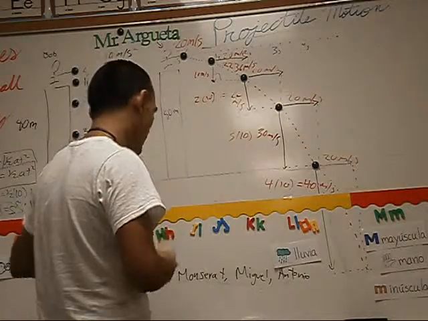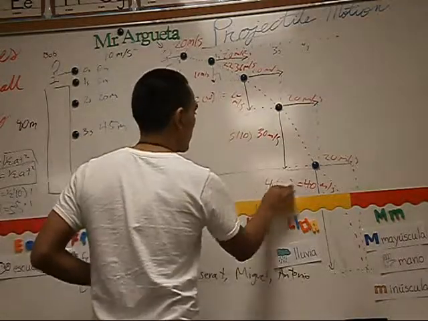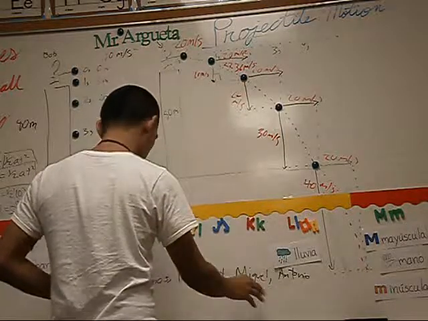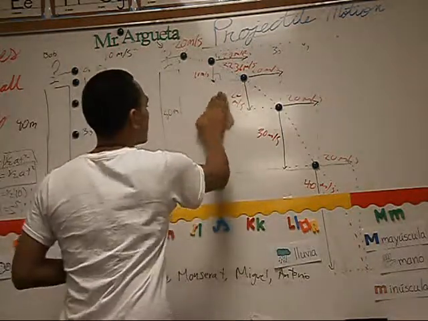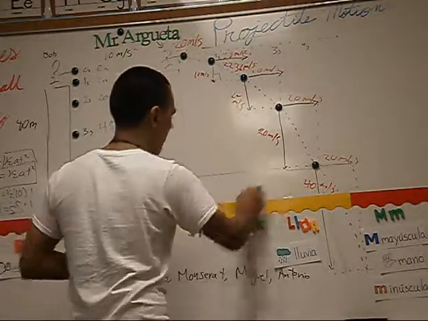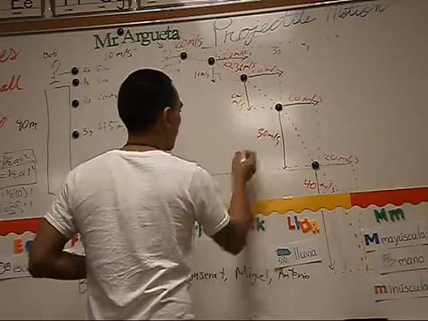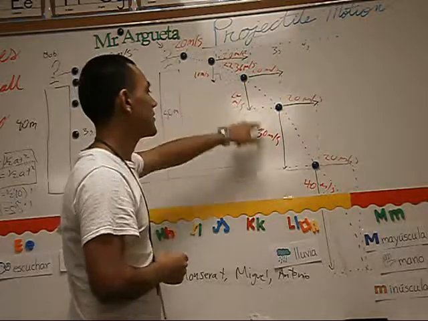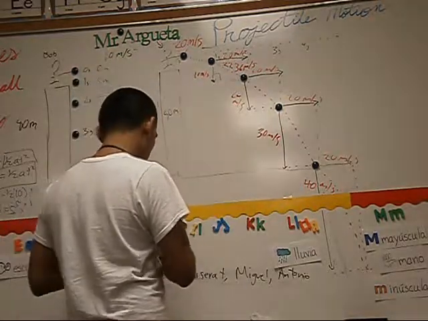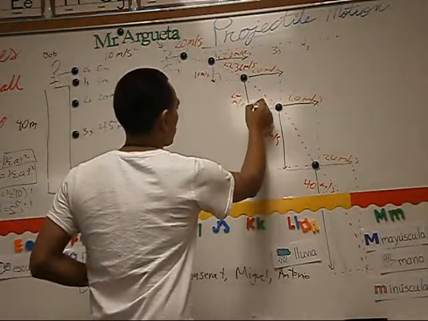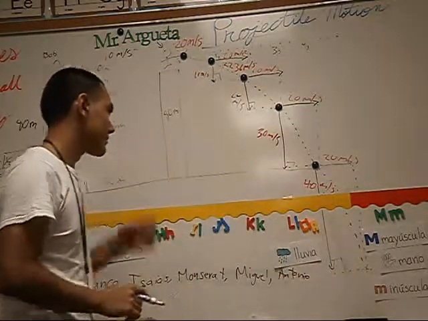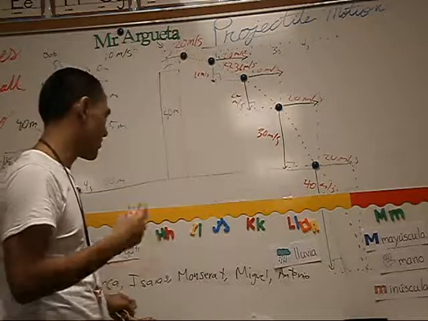Now we have that. So now that we have this and this, we can see a right triangle on all of them. And we're just going to keep on doing the Pythagorean theorem.